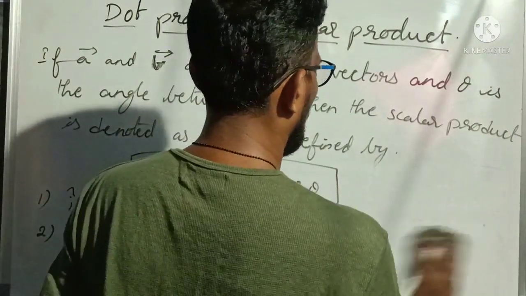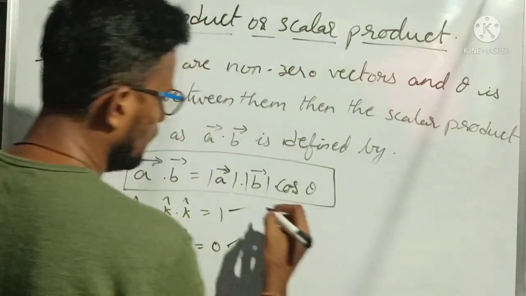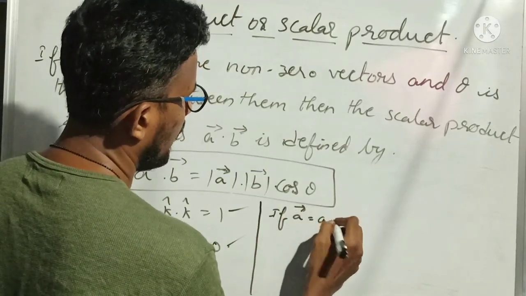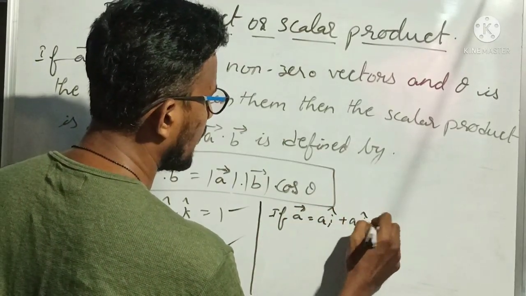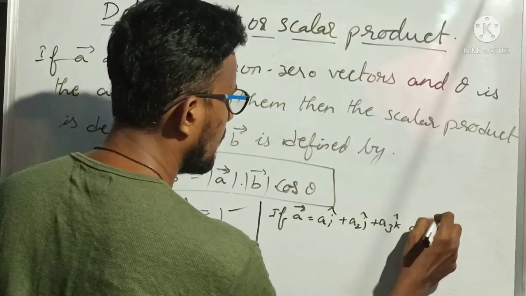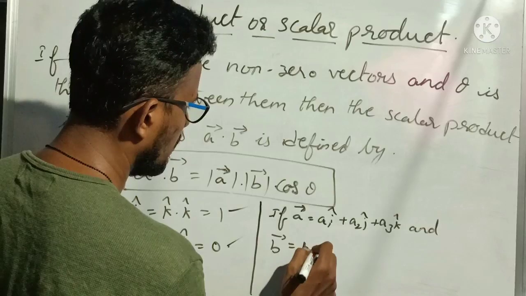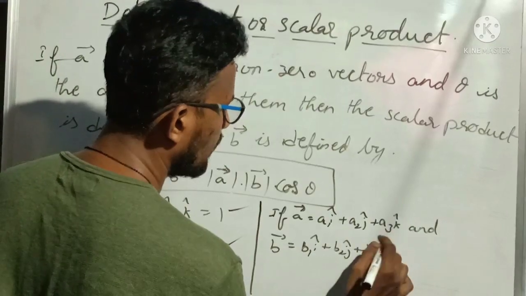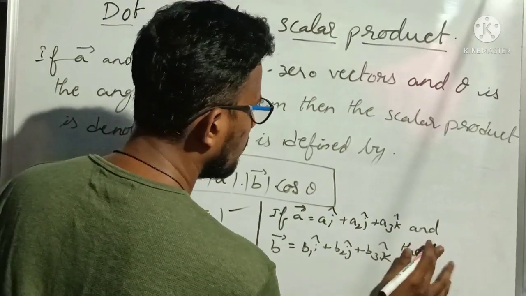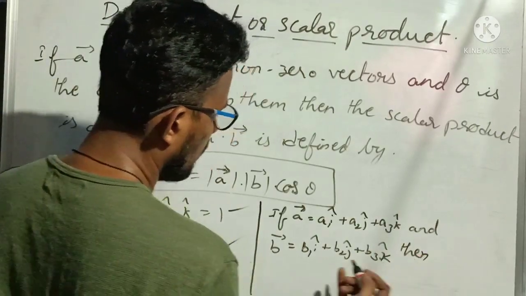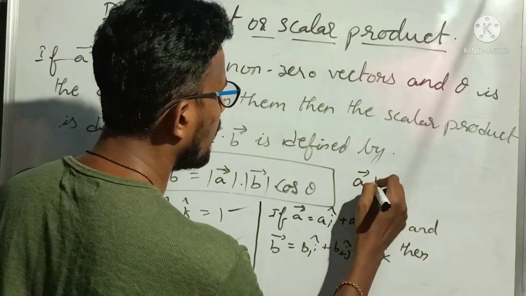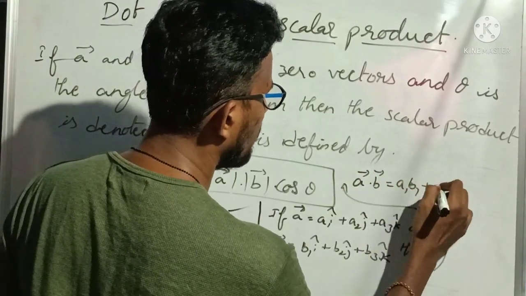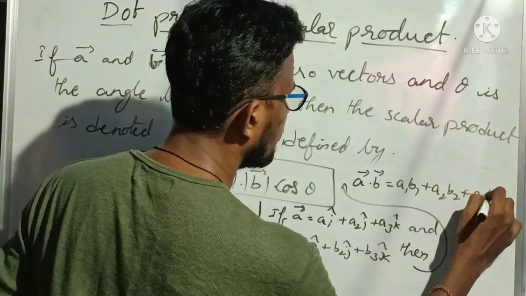Next, one more we are having, that is, if a bar is equal to a1 i cap plus a2 j cap plus a3 k cap and b bar is equal to b1 i cap plus b2 j cap plus b3 k cap, then a bar dot b bar is equal to a1 b1 plus a2 b2 plus a3 b3.